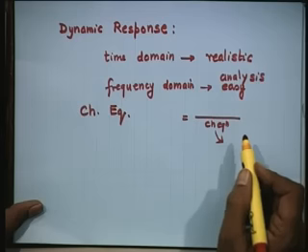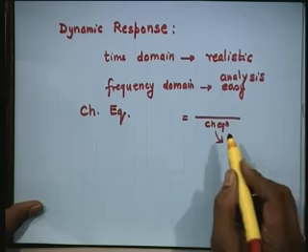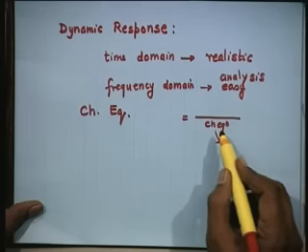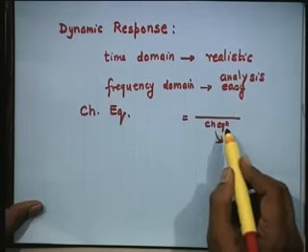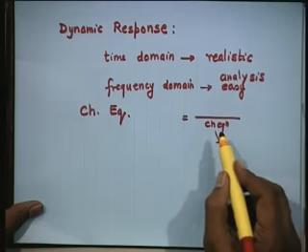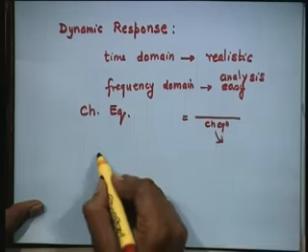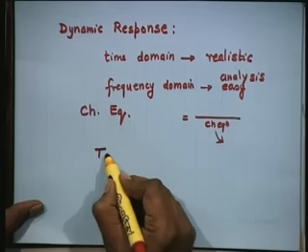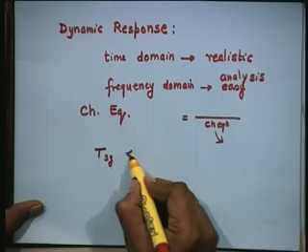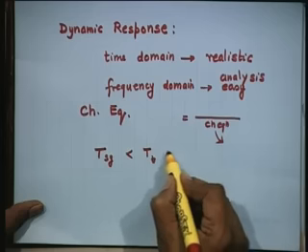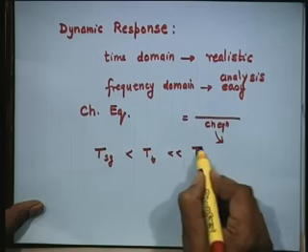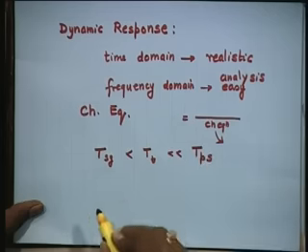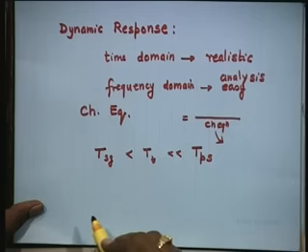Now, if you obtain a characteristic equation, it can be approximated by first order by making certain assumptions, for example, time constants T sg is less than T t is much less than T ps. What is sg? Speed governor.